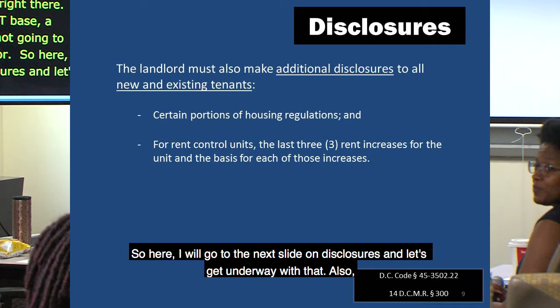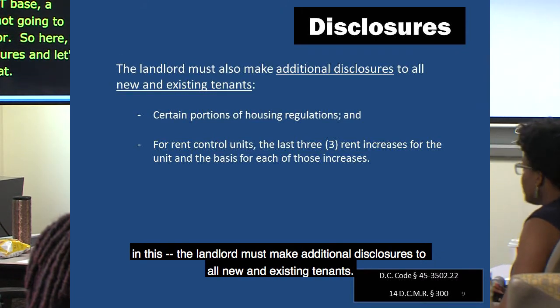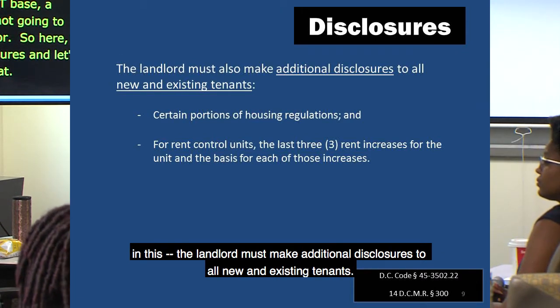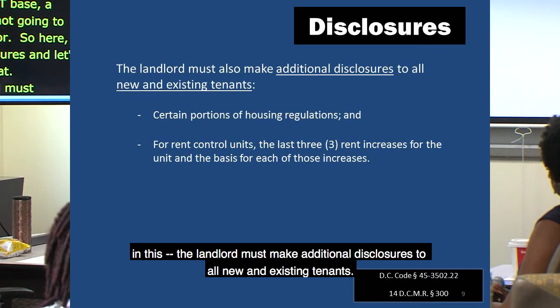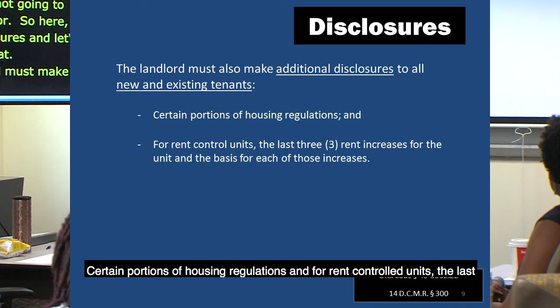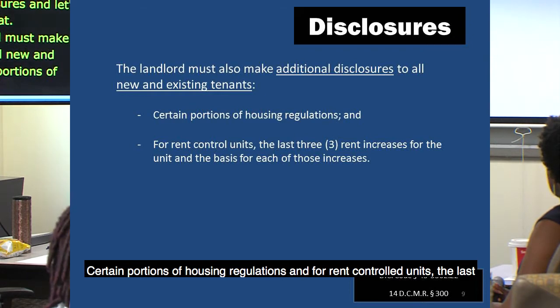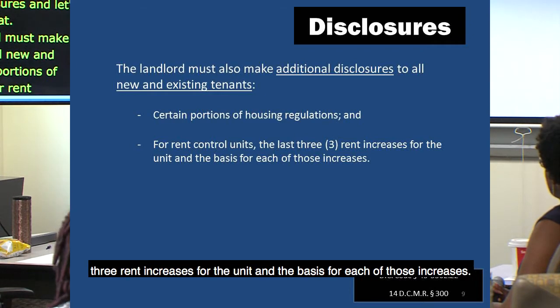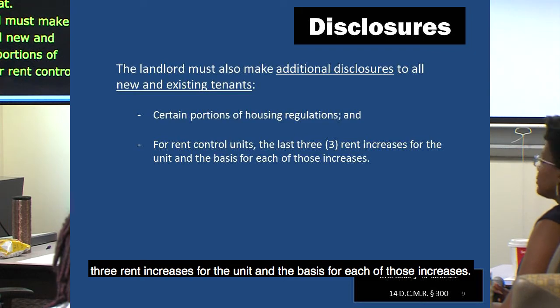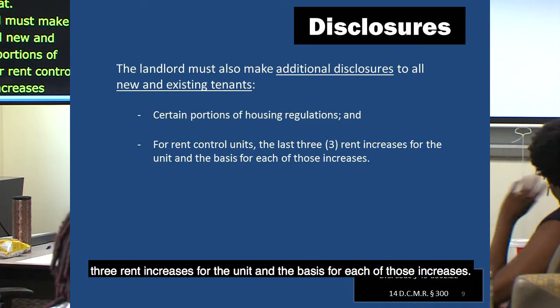Also, the landlord must make additional disclosures to all new and existing tenants, certain portions of housing regulations, and for rent-controlled units, the last 3 rent increases for the unit and the basis for each of those increases.